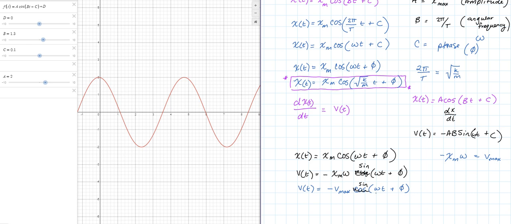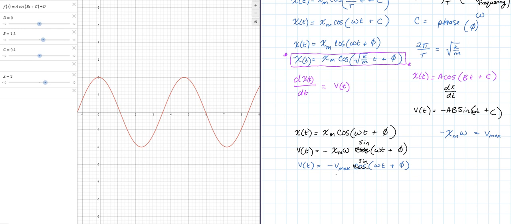Now the second time that we take the derivative of this function, we're going to get a negative cosine function. We take the derivative of the velocity function with respect to time. So that's going to end up giving us a of t is equal to negative, and I'm going to go back to this expression here again, x sub m times omega.